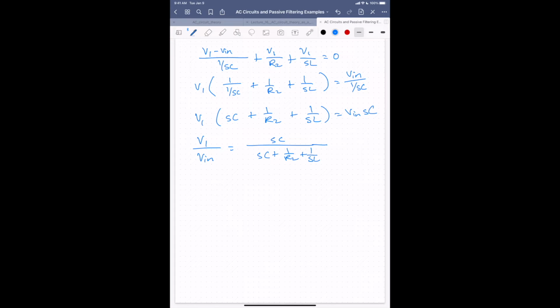To go ahead and get this in a slightly nicer form, I'm going to multiply by SLR2 over SLR2. That'll clear the fractions in the denominator, and I definitely like to go ahead and clear those fractions.